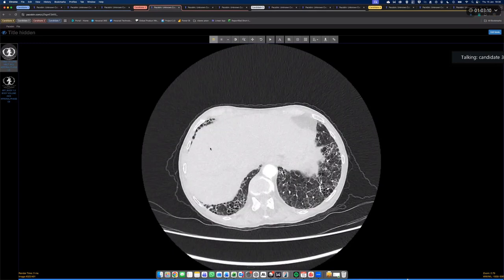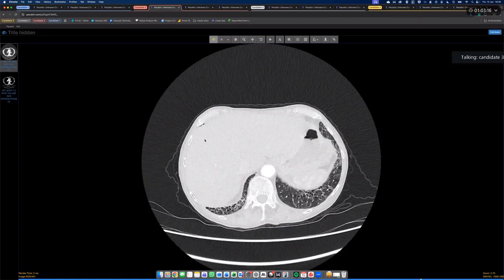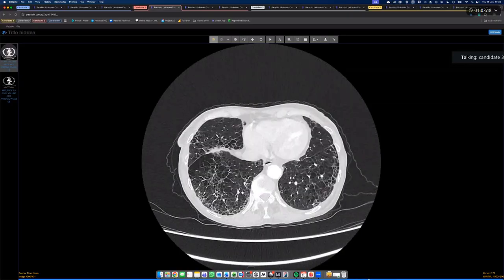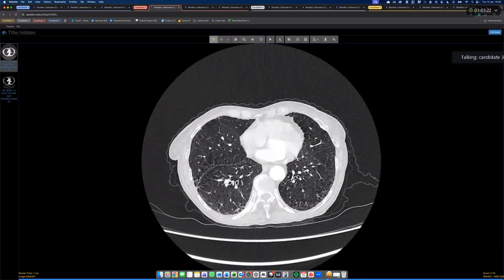There is a very high possibility that this person is a smoker, and there could be a mass. On the lower sections, I can see interstitial thickening, honeycombing in the basal regions, also ground glass opacities and traction bronchiectasis. There are multiple findings in these lungs.